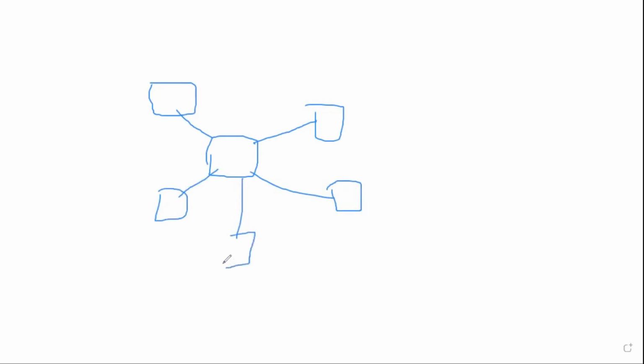So anytime we want to add a computer to a network, we have to connect it to that central device. That is computer 1, 2, 3, 4, and 5. Then this is our central connection.